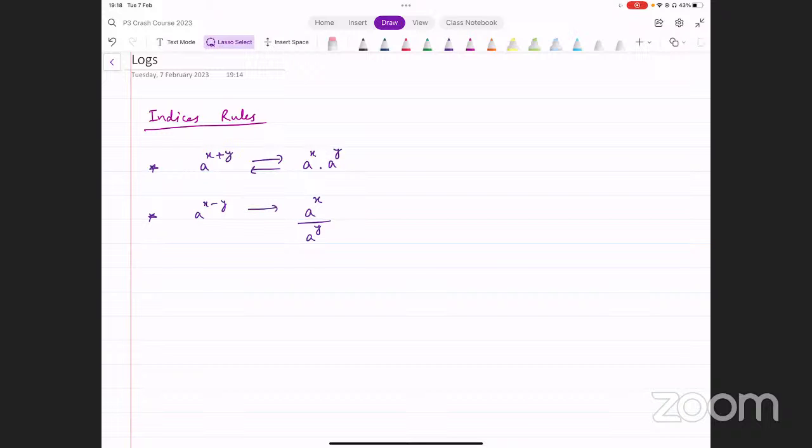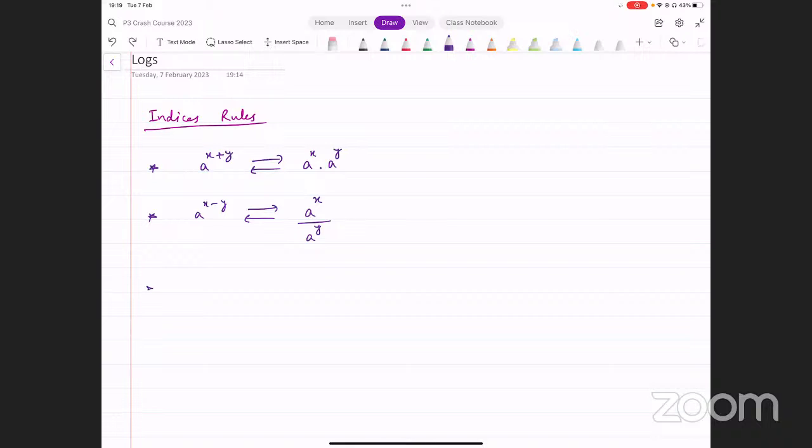If you have a raised to power x over a raised to power y given, that can be written like this: a raised to power x minus y, but you'll need to use this from left to right a lot more commonly. So keep that in mind. If you have a power like this on something, you can break that power into two parts like this. A raised to power x minus y can be written as a raised to power x over a raised to power y. All right.